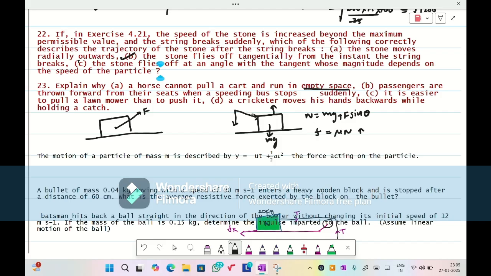So pushing is difficult. Whereas in the pulling case, this is the normal force and F also acts, therefore N is equal to mg minus F sin theta.